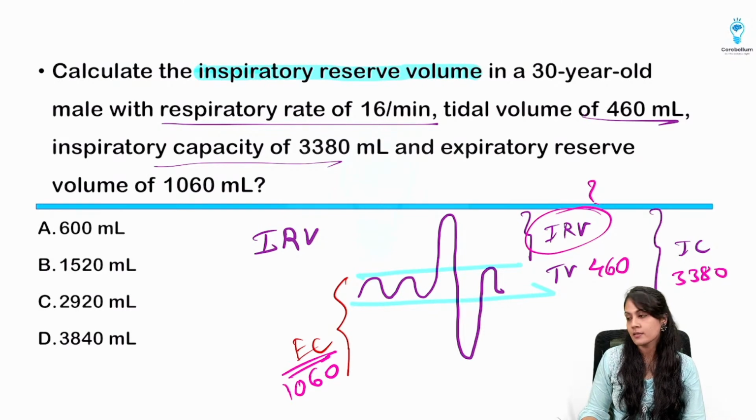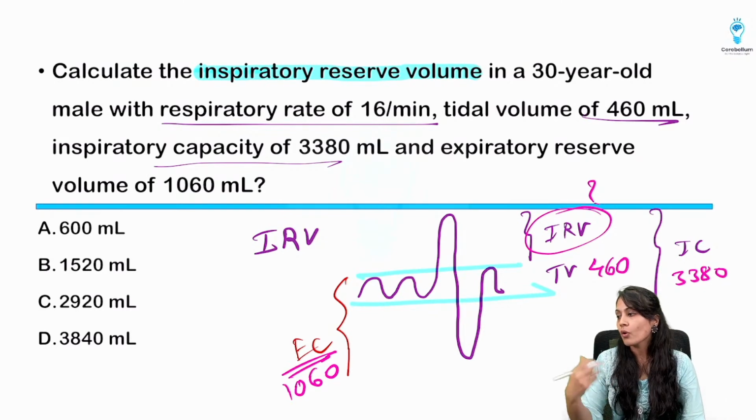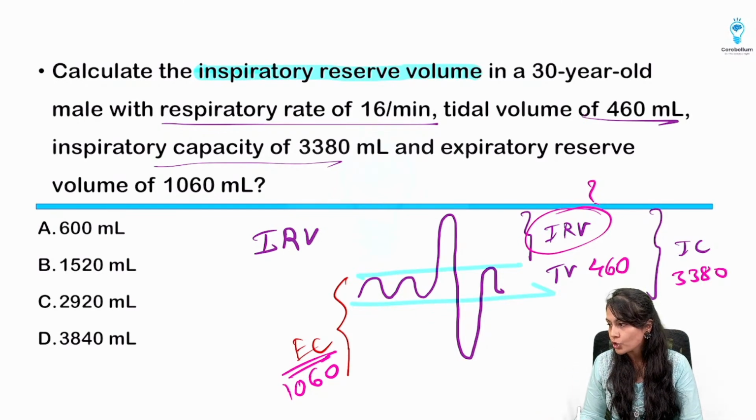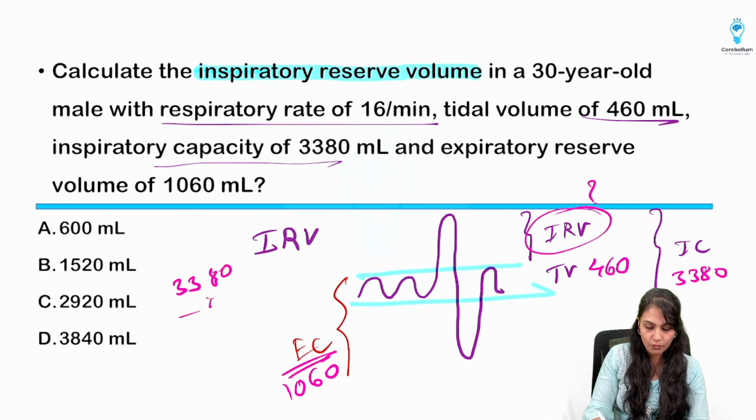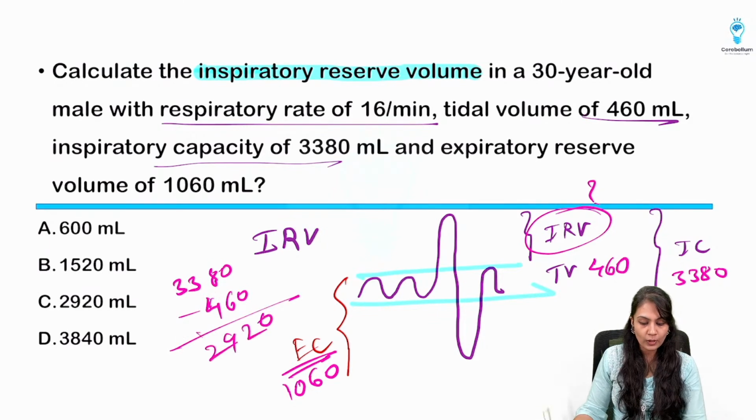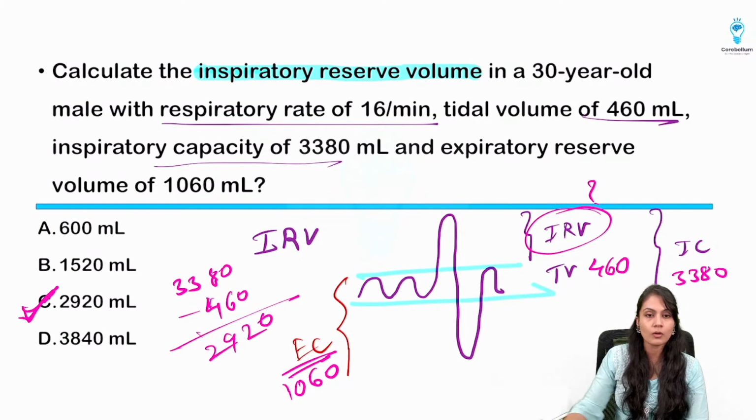Respiratory rate is again unnecessary information, right? You've already given me the answers. Very good. Roy, Mohammad Saeed, Shivanshu, Sahil, very good. So we have to just subtract the tidal volume from the 3380, minus 460, right? This is going to be 2920. That is going to be the option C.